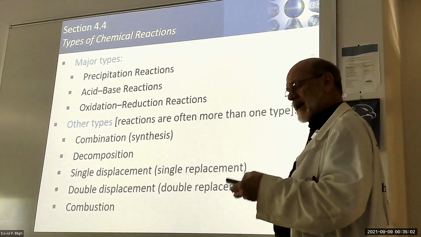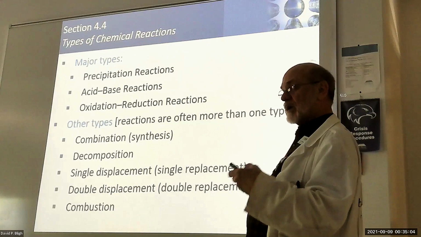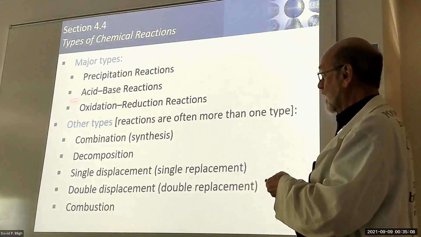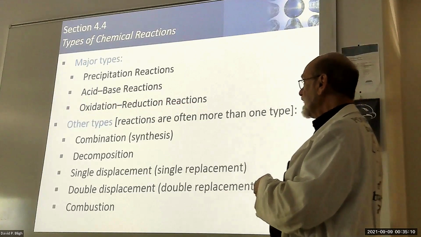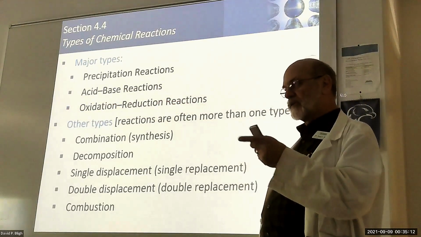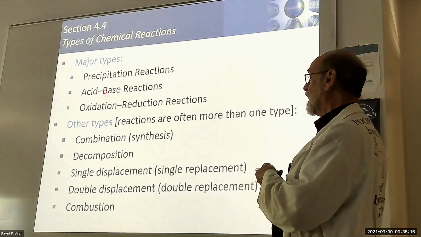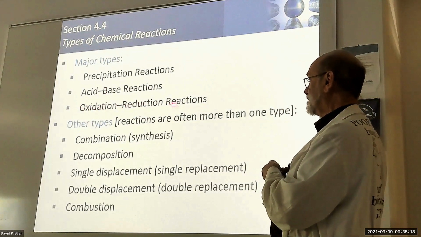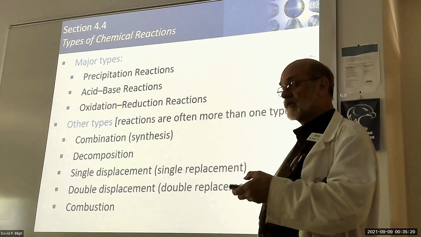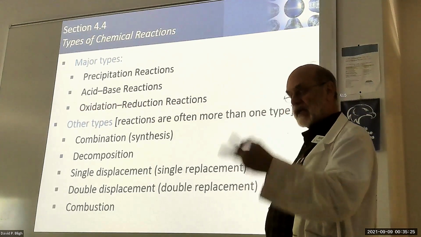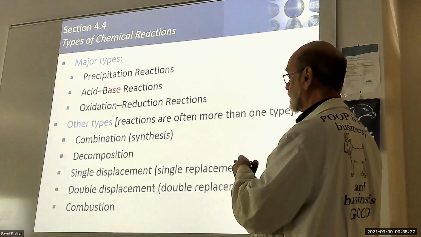But you add an acid to a base, and you always get a salt and water. And oxidation reduction reactions. These are characterized by transfer of electrons. If there's no transfer of electrons in the reaction, then you don't have an oxidation reduction. But if there are transfers of electrons between species or atoms, then you're talking about oxidation reduction.